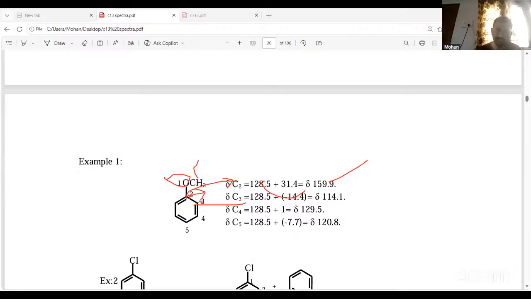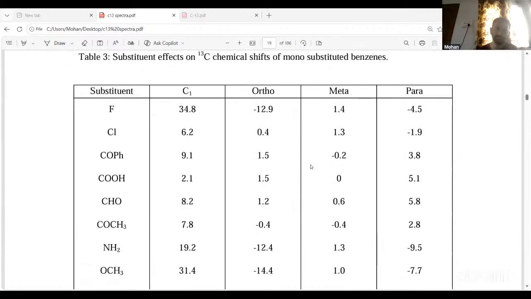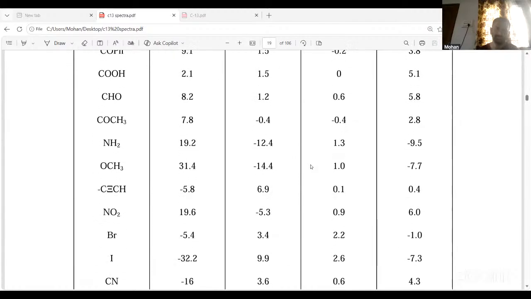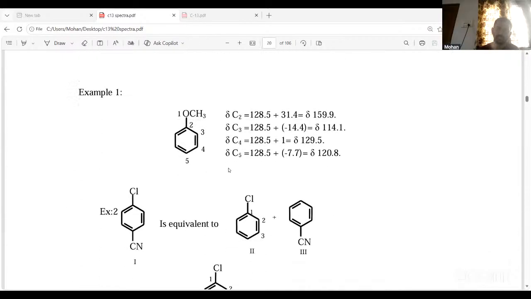With respect to this carbon, the methoxy group is considered as ortho, isn't it?